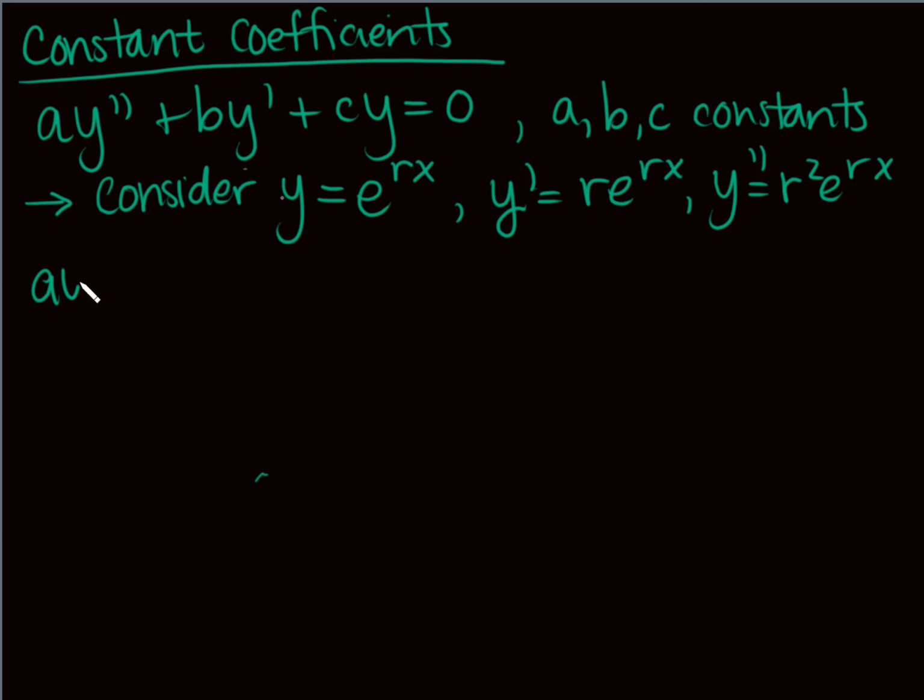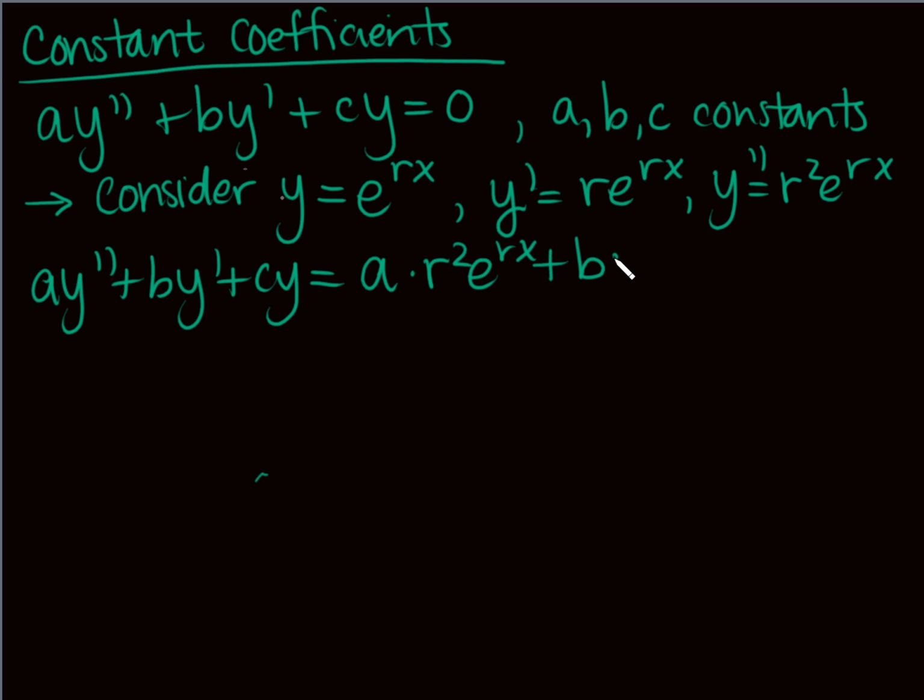If I consider that solution, I'm going to take the left-hand side of my differential equation and plug and chug. I put in a times r squared e to the rx, plus b times the first derivative, which is r e to the rx, plus c times e to the rx.